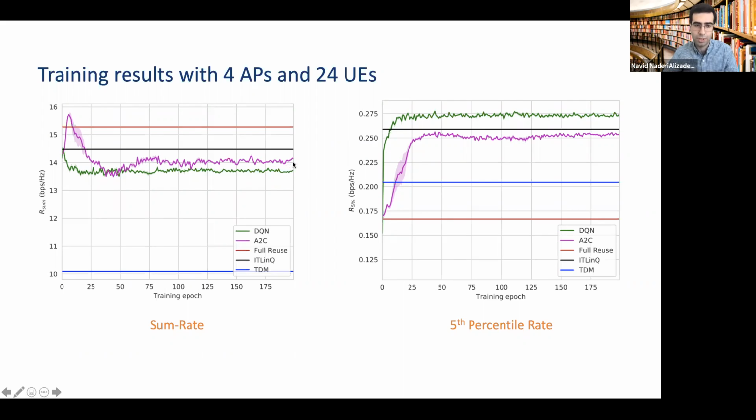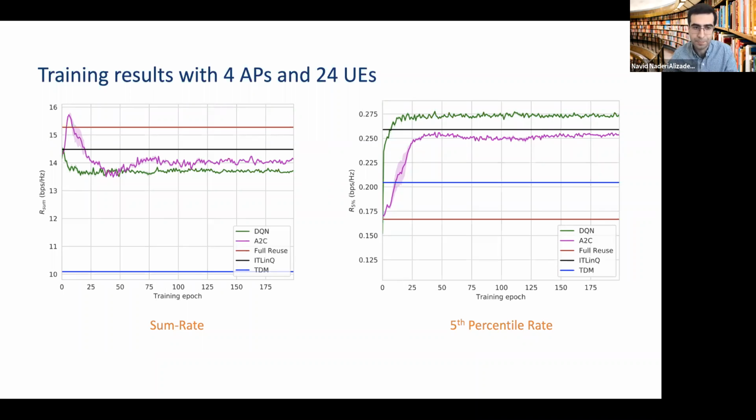For example, A2C is getting a better sum rate performance, but DQN is getting a better 5th percentile performance. It's even outperforming ITLIQ. And again, remember that ITLIQ is centralized, but our agents do it in a distributed way, and they really managed to allocate resources fairly across the users in the entire network without being aware of what the other agents are going to decide.